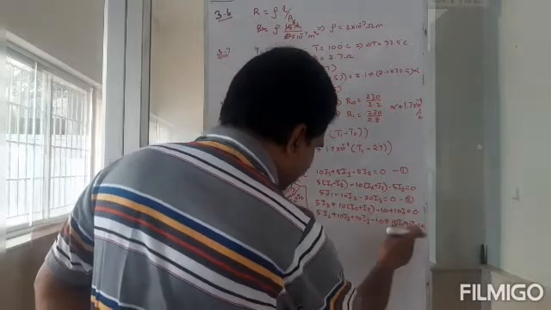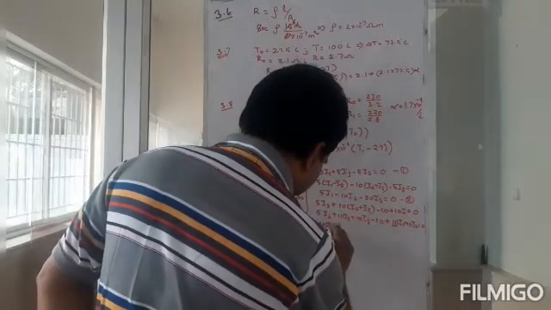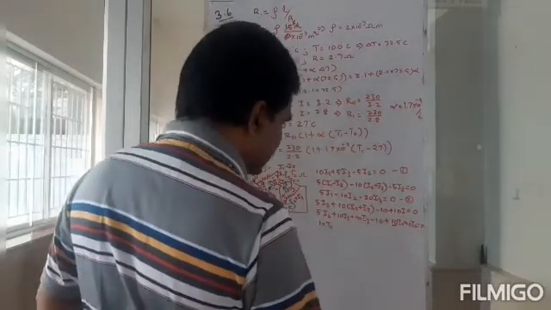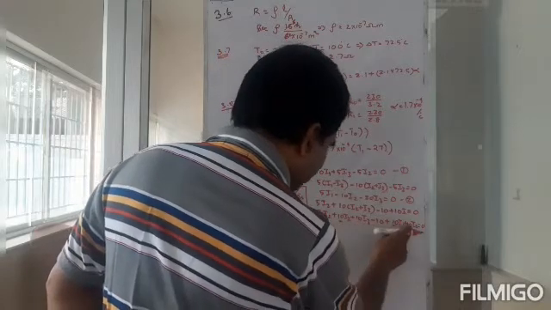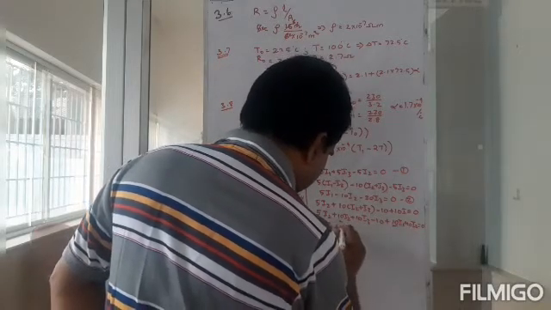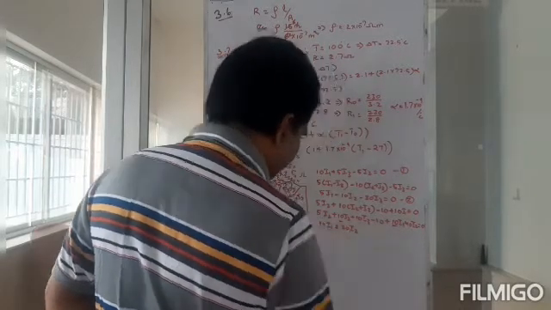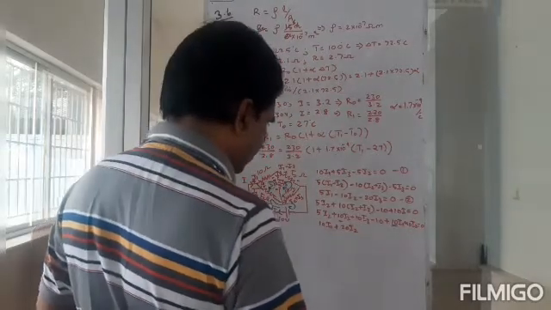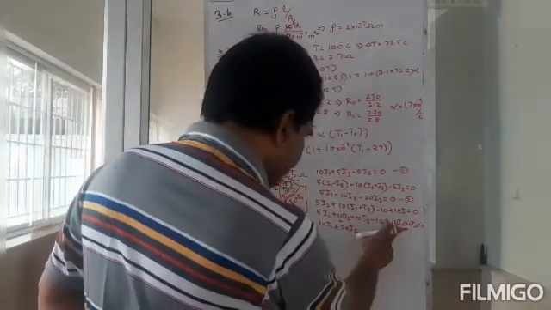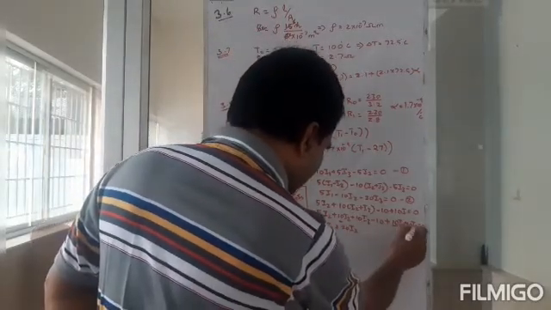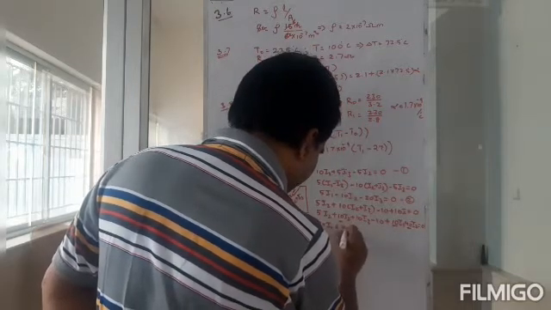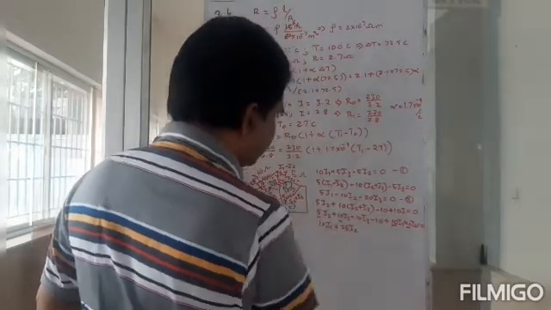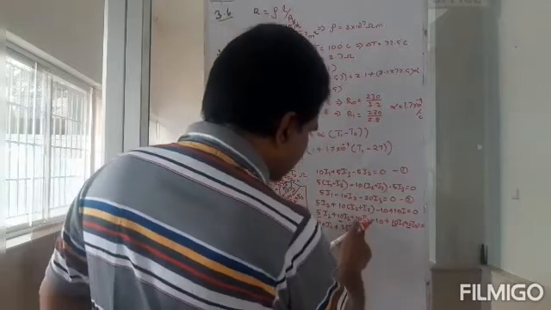There's no other I1. Then how many I2s do I have? 10 I2, then 10, and then 5, so 25 I2. So I3 would be 10 I3.